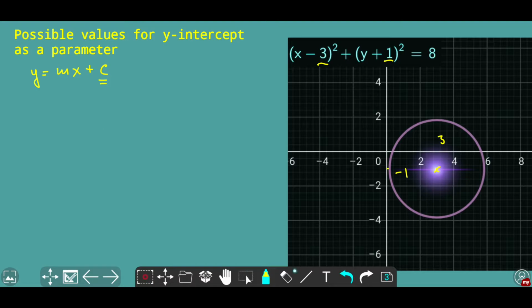For example, let's consider the equation y equals 0.5x plus c. I set the gradient, which in this case is 0.5, and we can play with the c value as the y-intercept in order to see where this particular line will meet the circle, at which points.